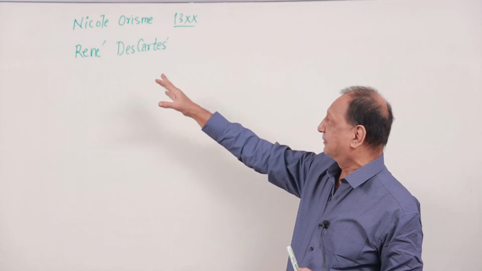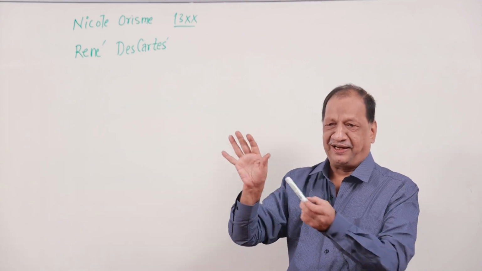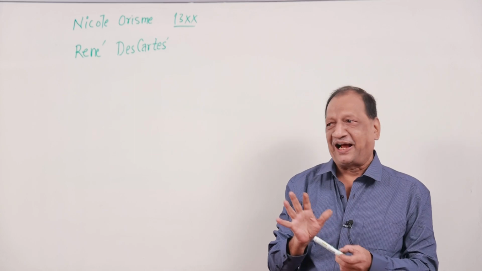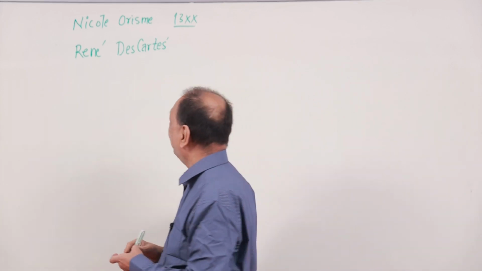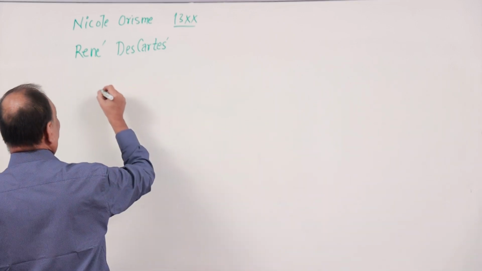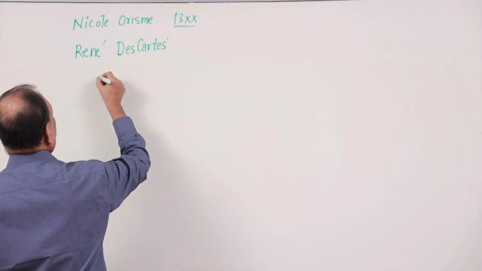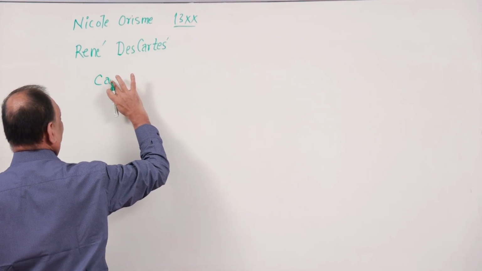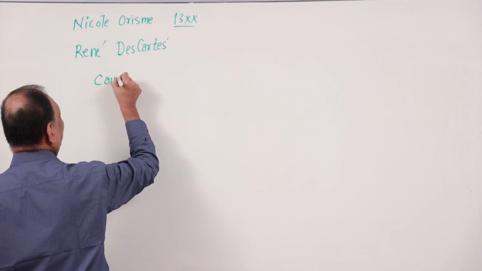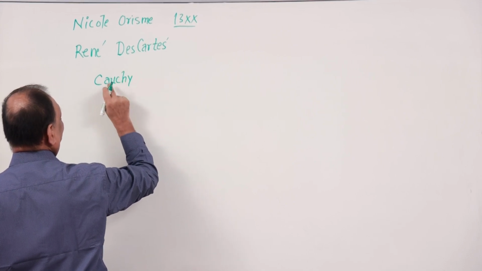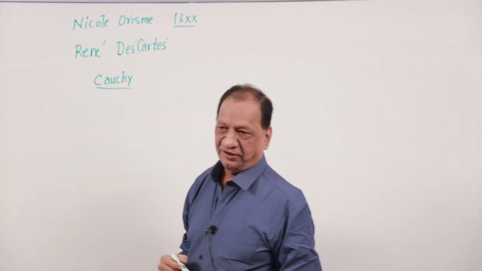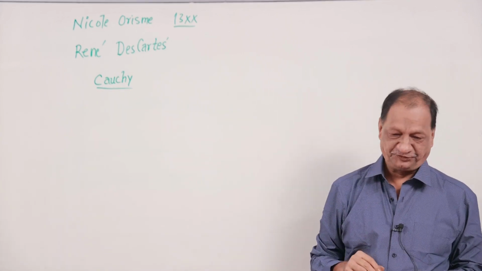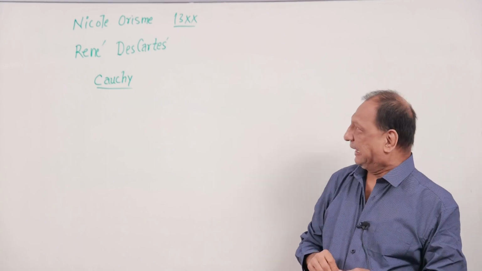No, we call it, I call it René Descartes. It is actually Descartes, but it should be called Descartes. No, one problem. If you look at another name, for example, French mathematician, if you do an Indian pronunciation, is Cauchy, but actually it should be pronounced Cauchy. Cauchy is the pronunciation. Anyway, it doesn't matter.